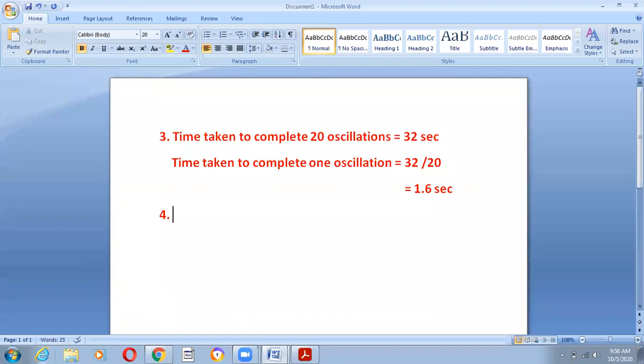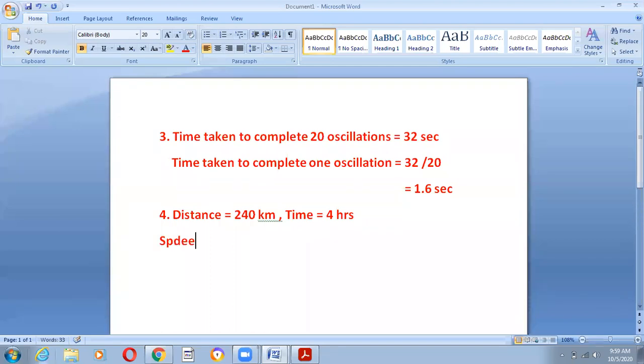Right? Now the fourth question you can see: the distance between two stations is 240. So distance is equal to 240 kilometer. Right? Time taken, time is equal to 4 hours. Calculate the speed.